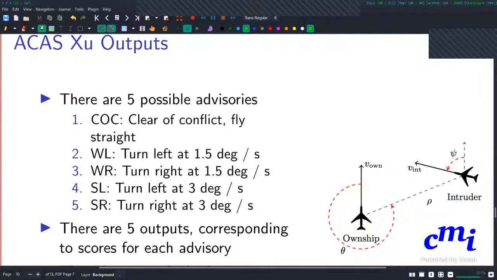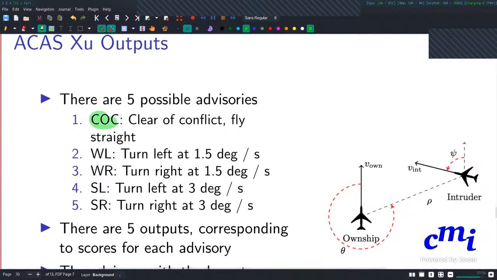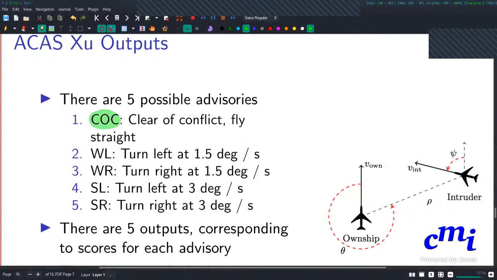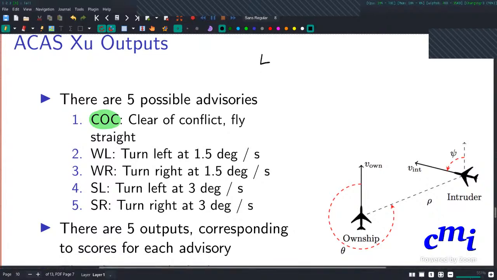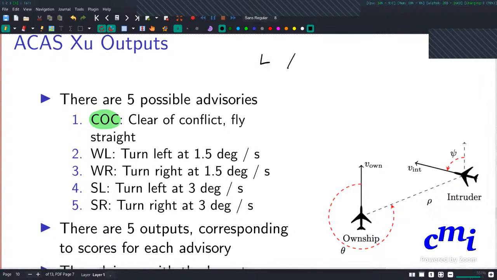So there are 5 possible outputs the network can produce. The first is, of course, clear of conflict, which just means keep flying straight. Nothing is wrong, right? The second is a weak left turn. So the other things are turns, and the turn can be towards the left or towards the right, and it can also be weak or strong.